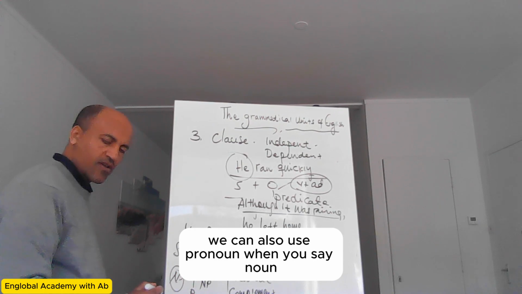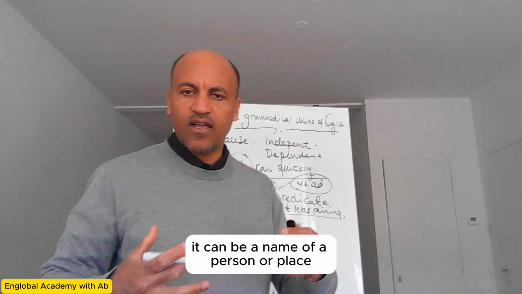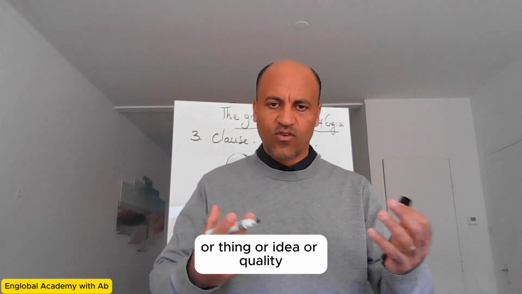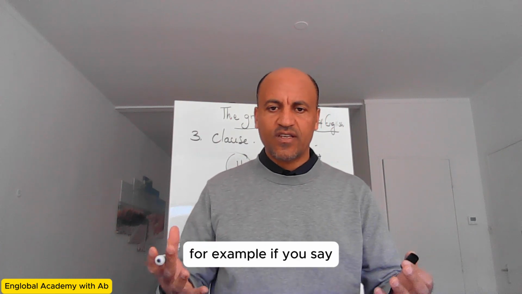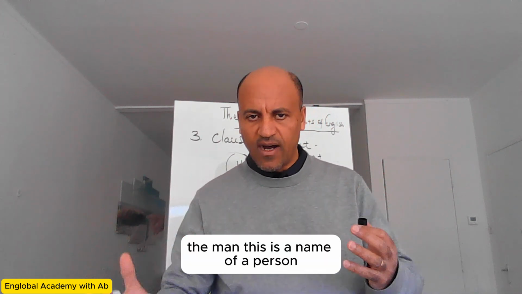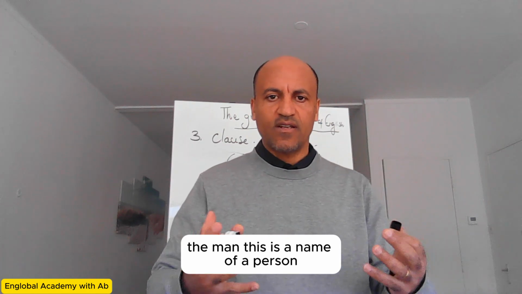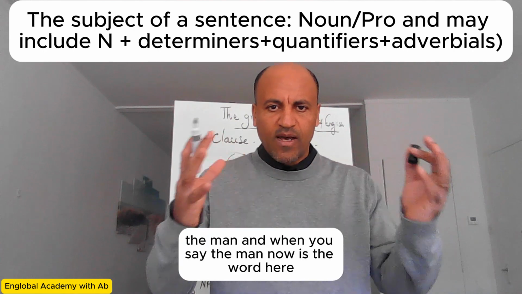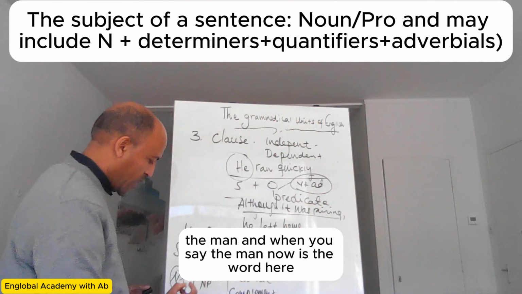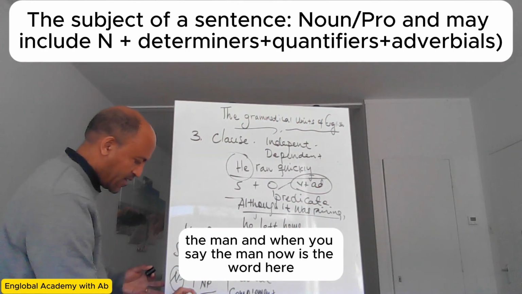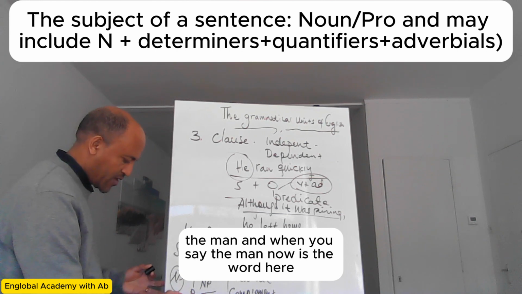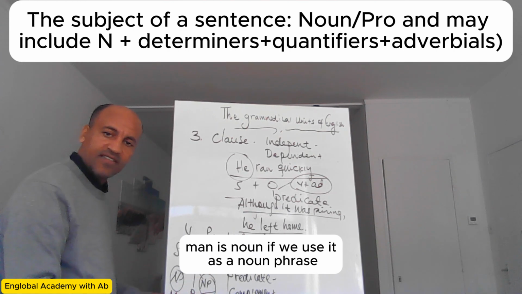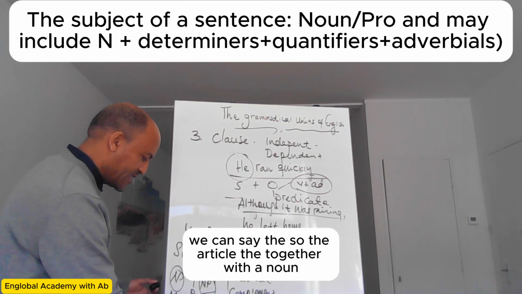When we say noun, it can be the name of a person or place or thing or idea or quality. For example, if you say the man, this is the name of a person. It's given to a particular group of people, the man. And when you say the man, man is the noun here. If we use it as a noun phrase, we can say the.